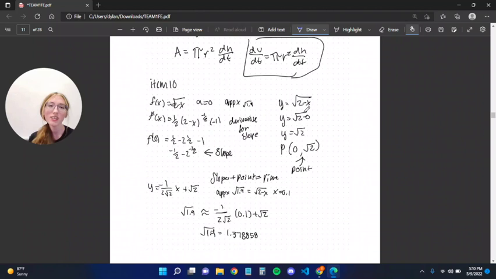You get the derivative to get the slope, plug the a that you're given into the derivative function to get the slope of your linearized line, then plug a into the original function to get the point. Then slope plus point equals the linearized line, and you plug in 1.9.